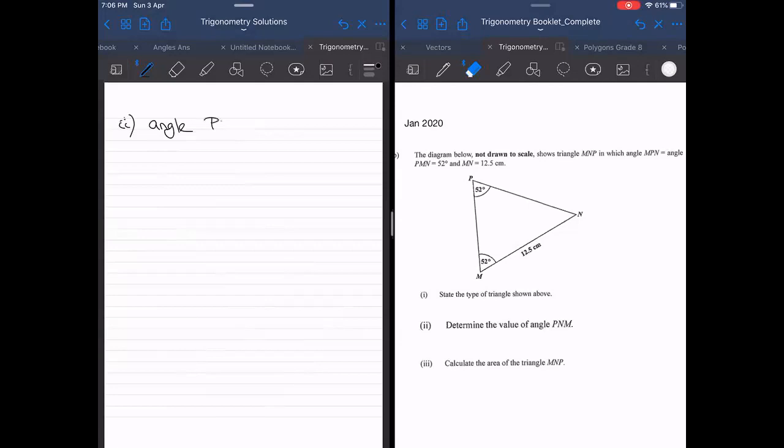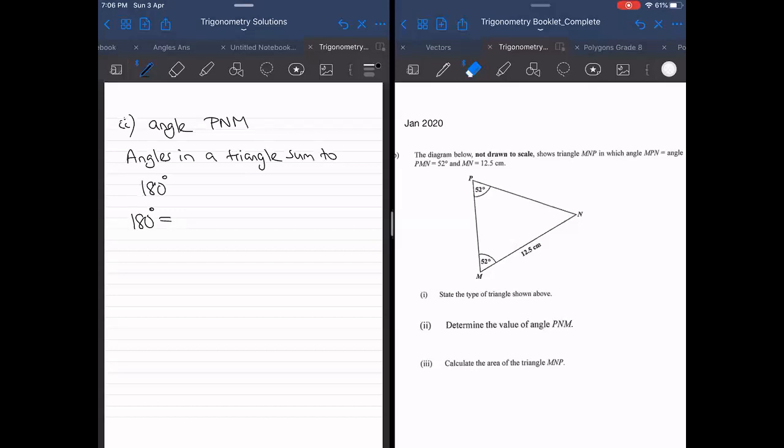Right, so for angle P and M, we know that angles in a triangle come to 180 degrees.